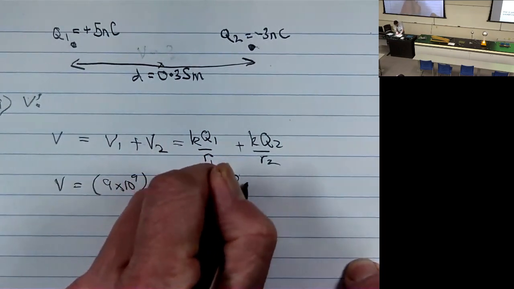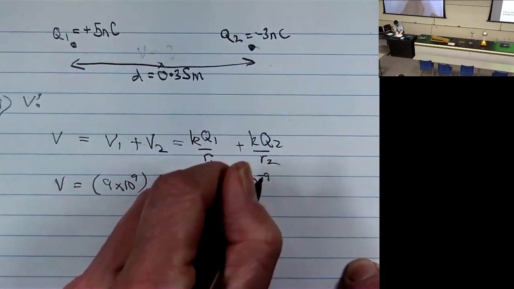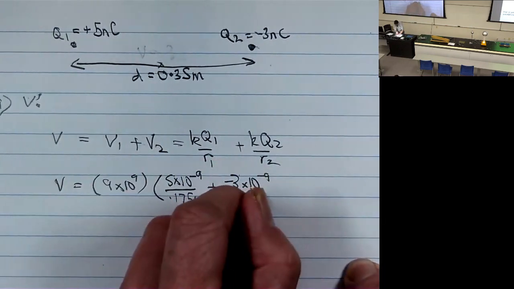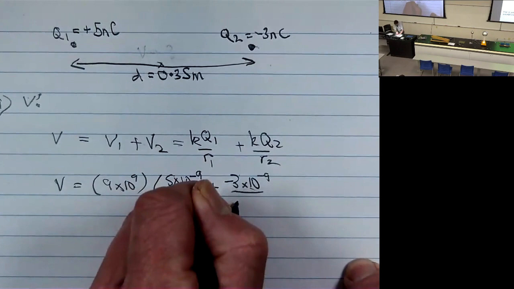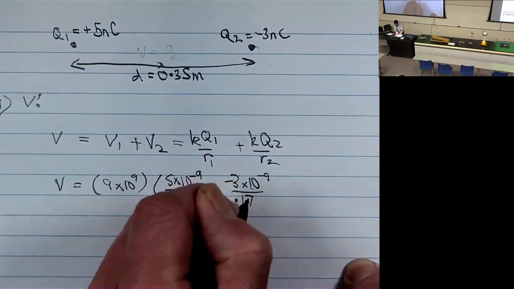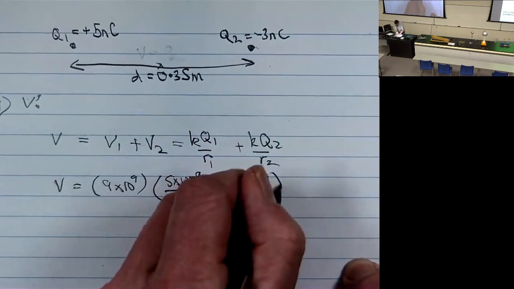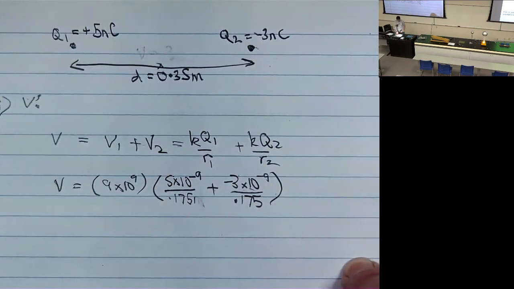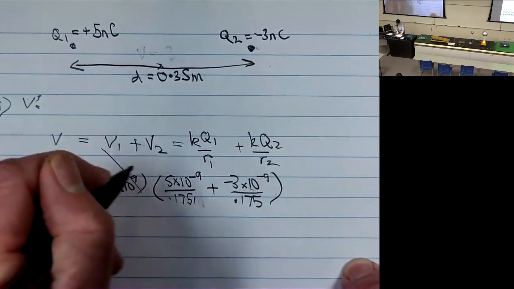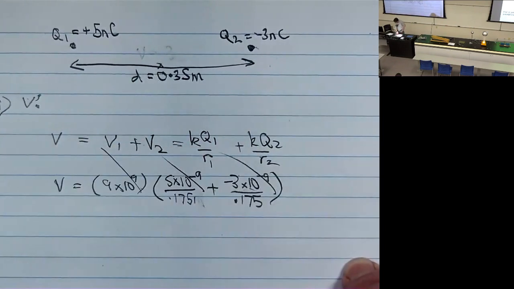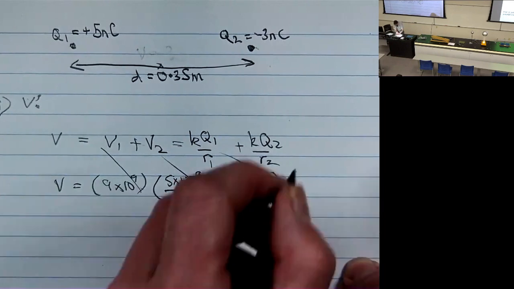That's minus 3 times 10 to the minus 9 coulombs, but I'm not writing that down. And I've got that divided by half the distance between the charges. That's 0.175. And if I work out that calculation, my 10 to the 9s cancel out. That's kind of handy. And what did I get? Can't read my own writing, but I got 103 volts.